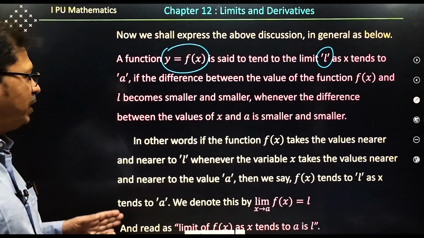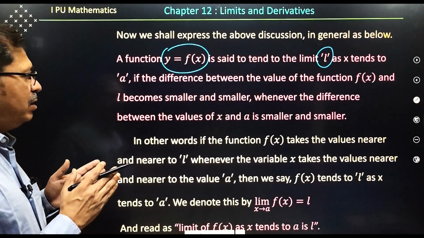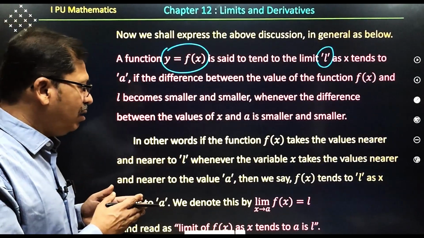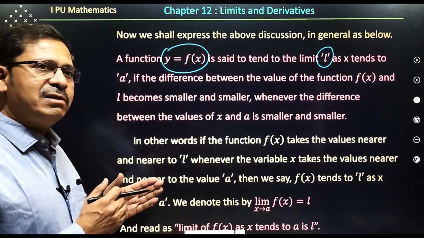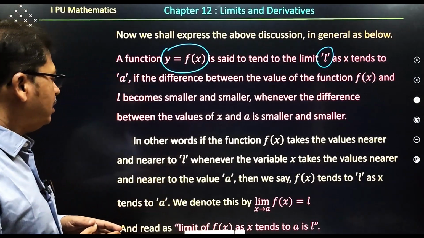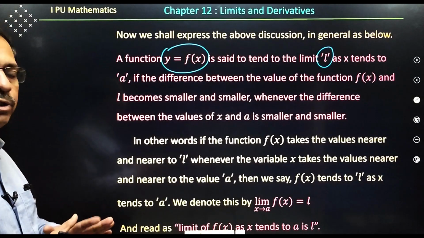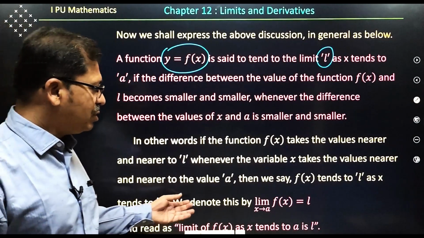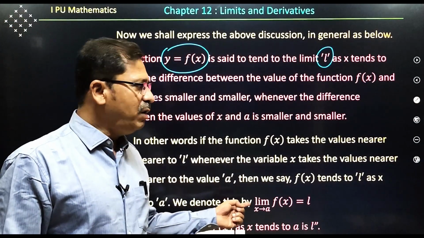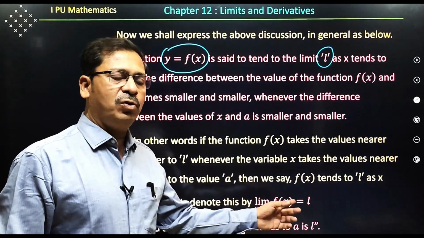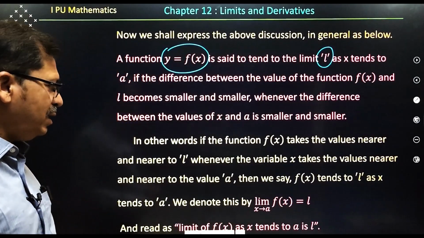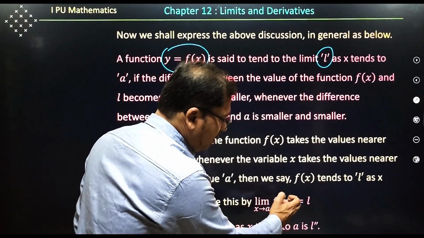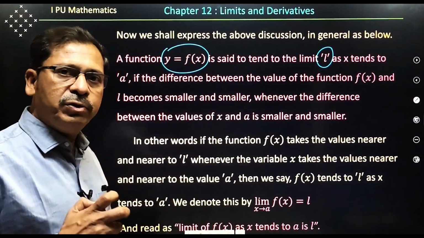In other words, the same thing: the function f(x) takes values nearer and nearer to L whenever the variable x takes values nearer and nearer to the value a. Then we say that f(x) tends to L as x tends to a, and we denote it symbolically by limit x tends to a of f(x) is equal to L. How do you visualize this situation?